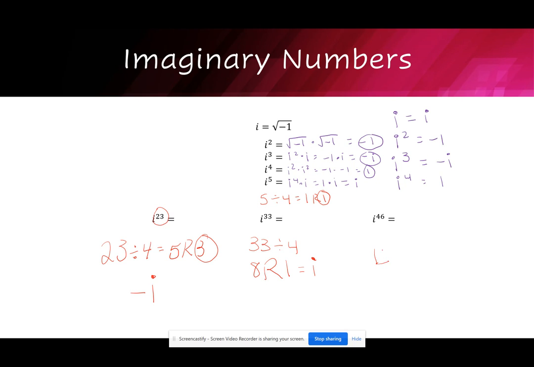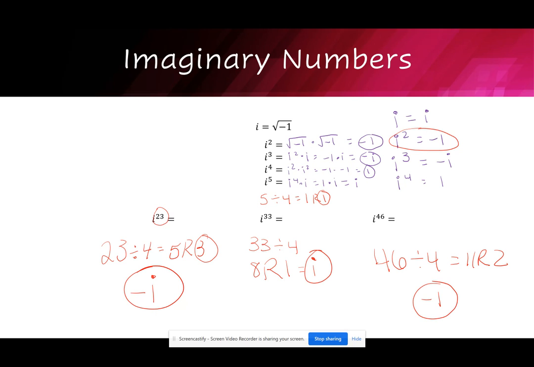And then 46 divided by 4 is 11 remainder 2. And remainder 2 gives us -1. So instead of having to multiply these all out, we're just going to divide by 4.